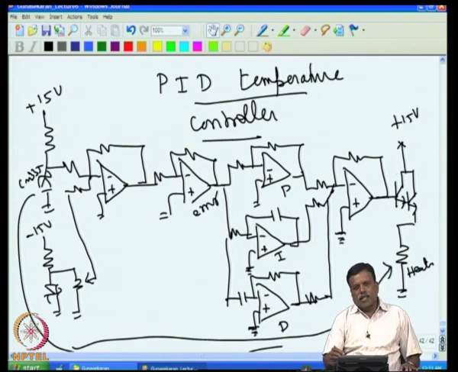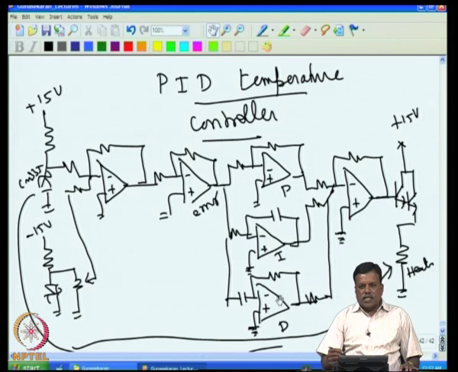In that case, if the response varies slowly, then the system becomes very sluggish; it will not go to the set value quickly, and it will take a long time. So to avoid that, it is essential that we have a differentiator. This makes the system very fast.